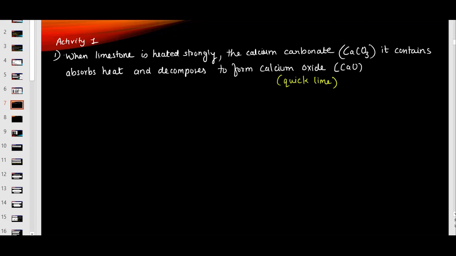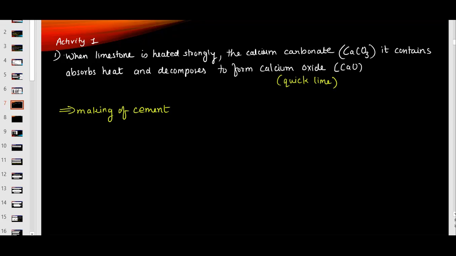Quicklime is a key ingredient in the making of cement. Key ingredient means an important ingredient. When you are cooking, there will be some important ingredient which you add in the food, right?